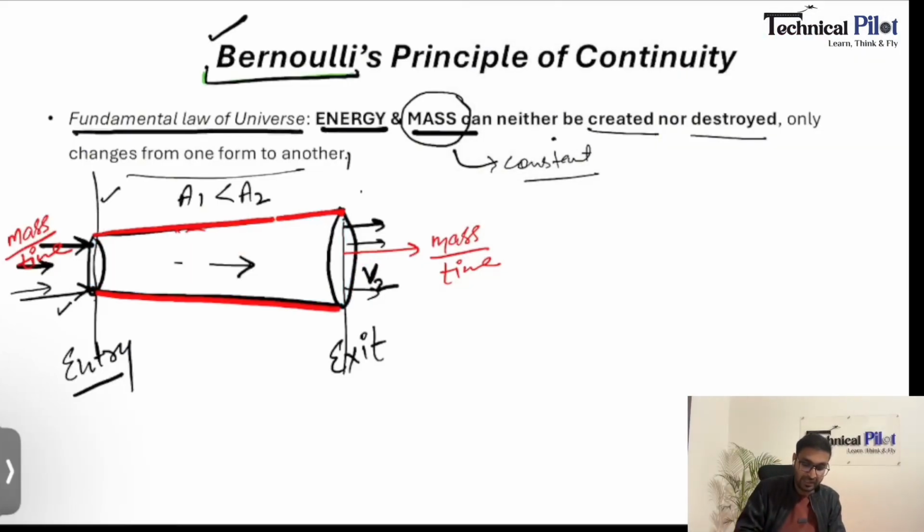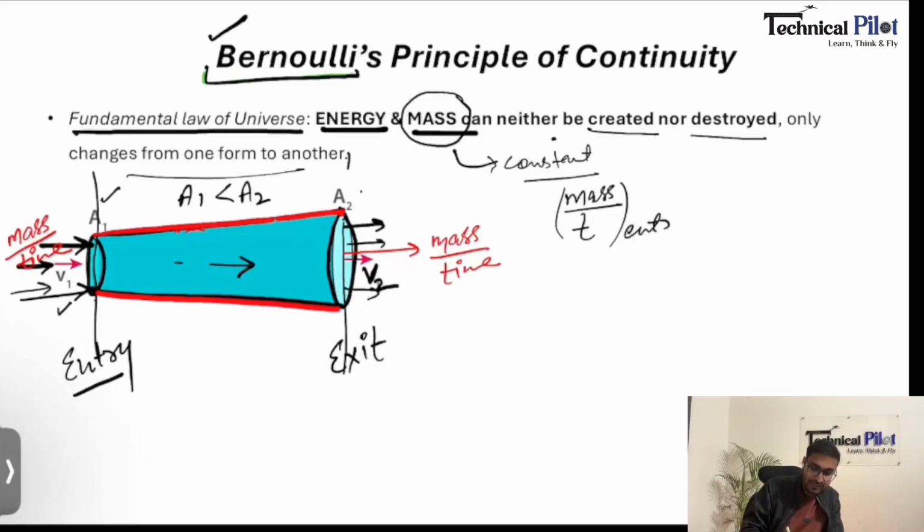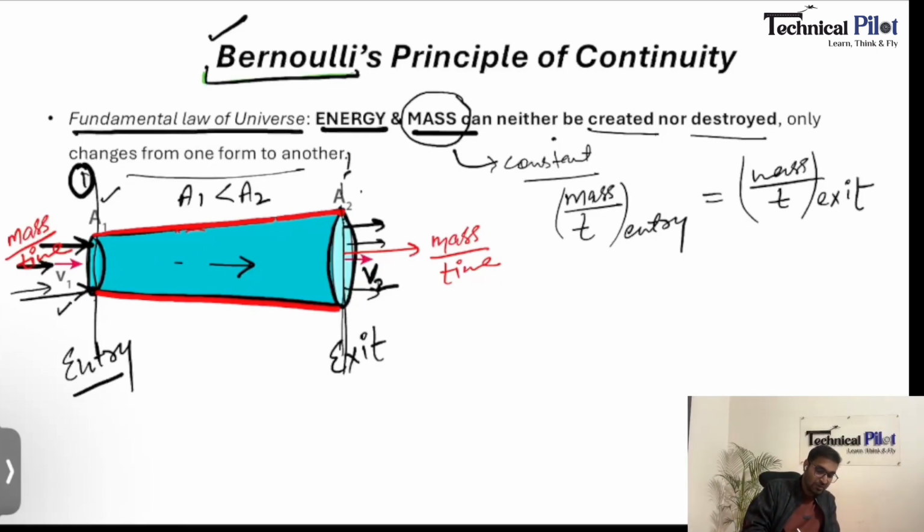So can I say whatever goes in, the same is coming out? Mass per unit time at entry is equal to mass per unit time at exit. Let's call this section as section 1 at entry and the section 2 at exit, so that I don't have to write the entry and exit word again and again.